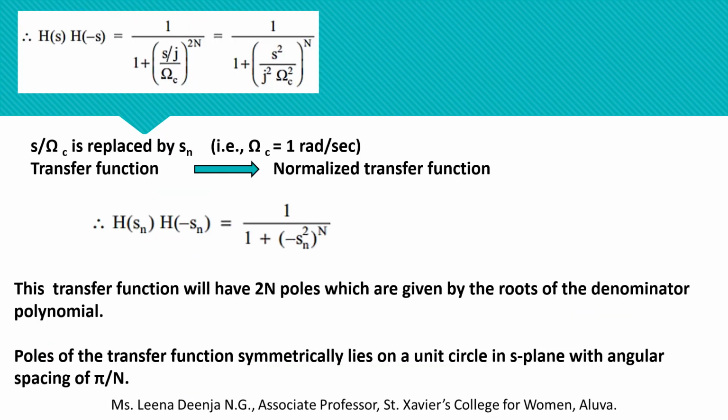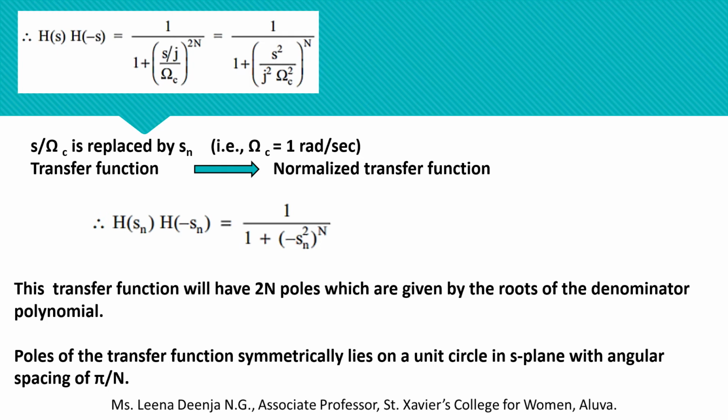Therefore, H(s) H(-s) = 1 / (1 + ((s/j)/ωc)^(2N)). Here the power 2 we can take inside, so it is equal to 1 / (1 + (s²/(j²ωc²))^N).